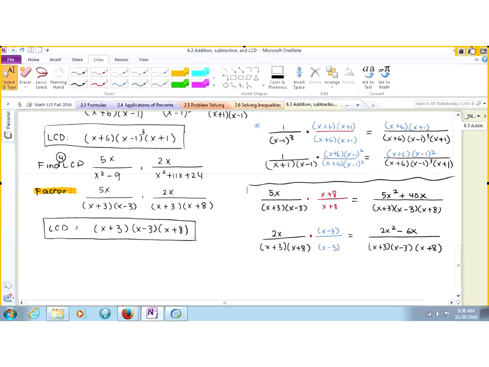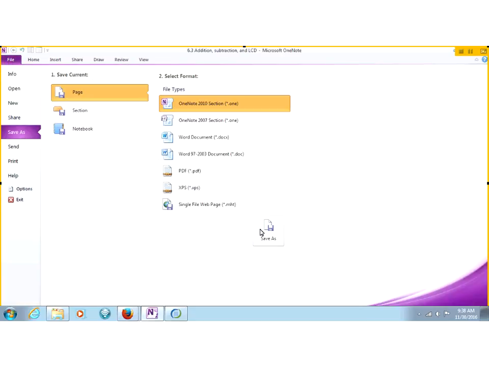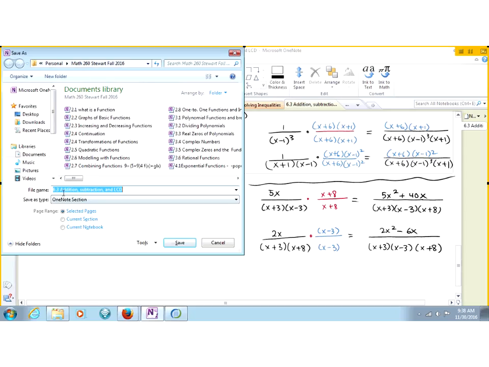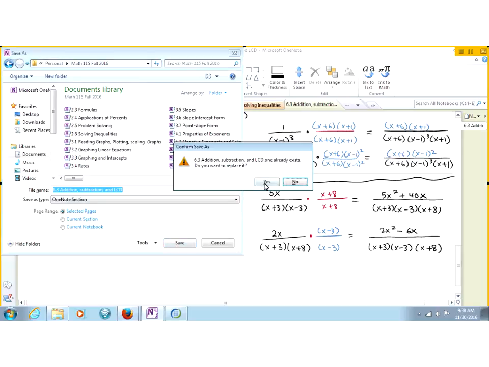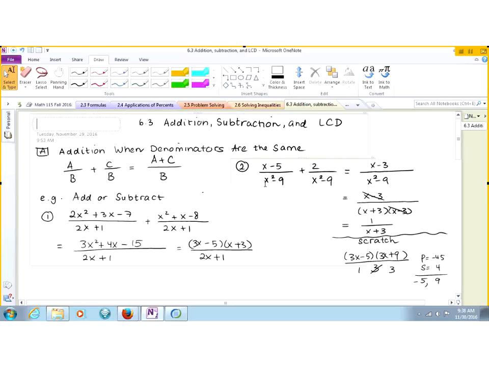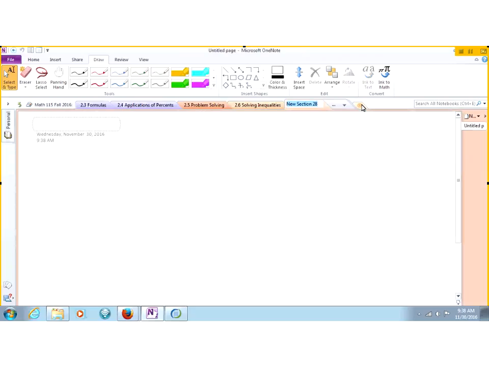Yes, I think we're on good schedule. All right. So anyway, let's continue with 6.4. So let me save this. 6.3 additional. This is in Math 115. All right. So now let's do 6.4. New section.